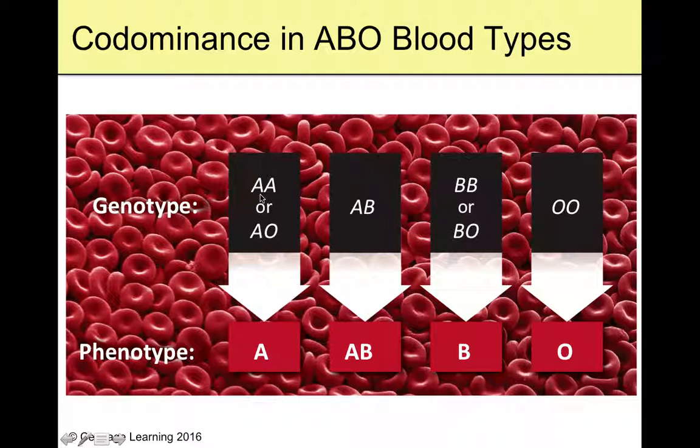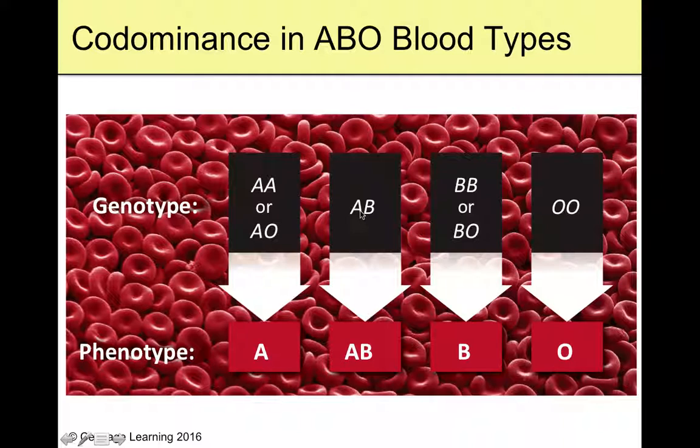They both code for a surface antigen that's A, and it gives you A blood. Or you might have gotten an A allele from mom and an O allele from dad. Now, O alleles don't code for a surface antigen, and so they're fully expressed. It just happens that their full expression is to not make a product on the surface of the cell, and so you still have A blood.